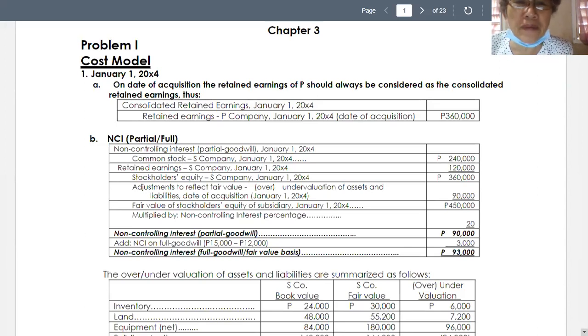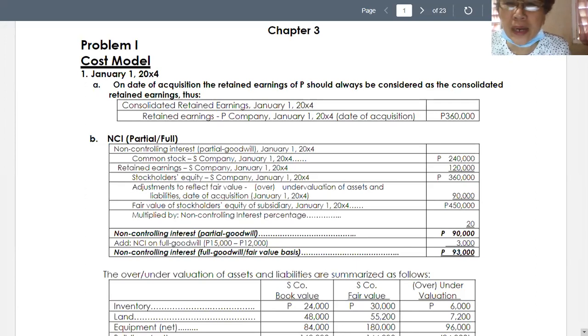So, the fair value of the stockholders' equity of the subsidiary on January 1 is 450,000. And then, we multiply this by the rate of the non-controlling interest, 20%. That's equal to 90,000, giving us the non-controlling interest involving partial goodwill equal to 90,000.